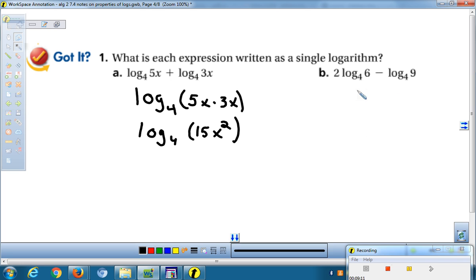All right. So, Stephen, tell me what to do in B. What should I do first? Log base 4 of what? Not a 3. It's to the power. 6 to the second.